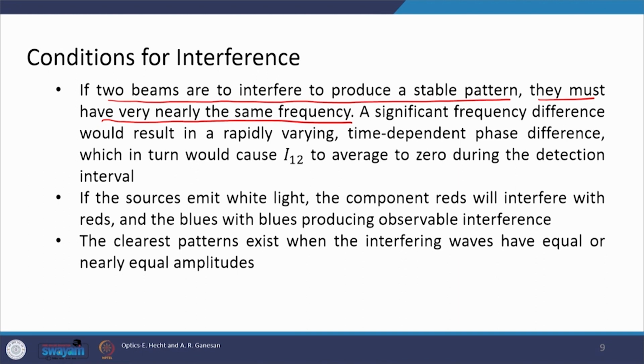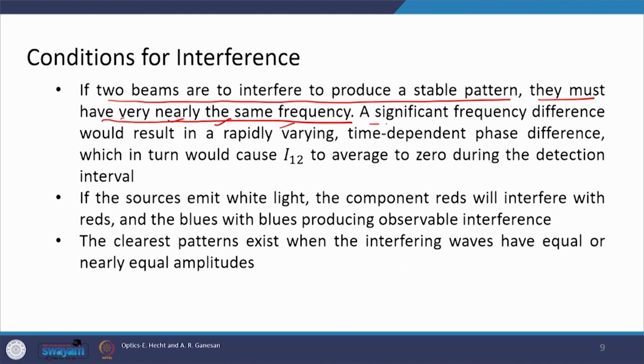The phenomenon of interference will always be there, because the waves are anyway overlapping. But to observe beautiful fringes which do not vary with time, the two sources must have almost the same frequency.